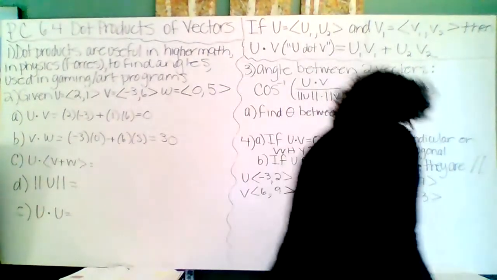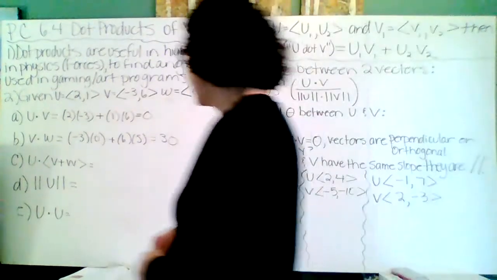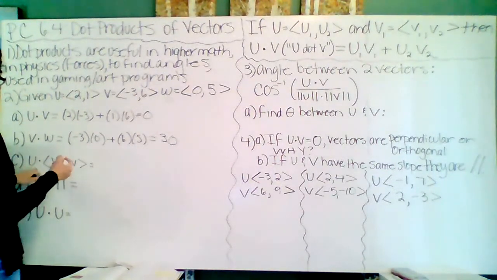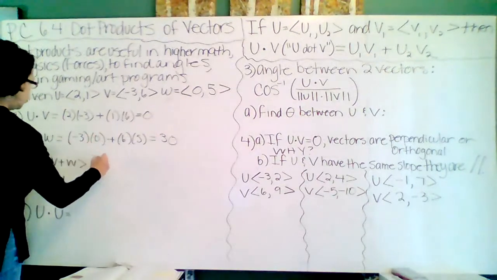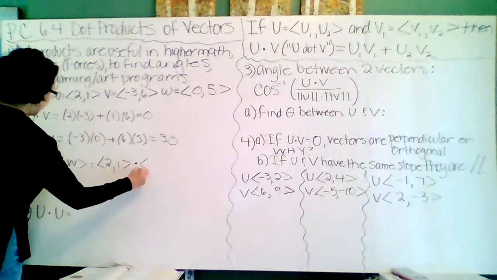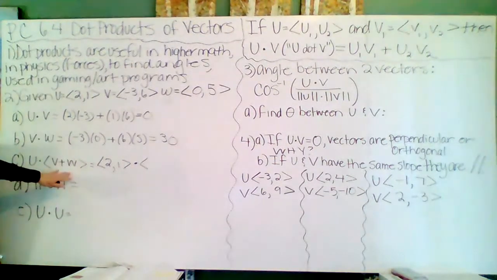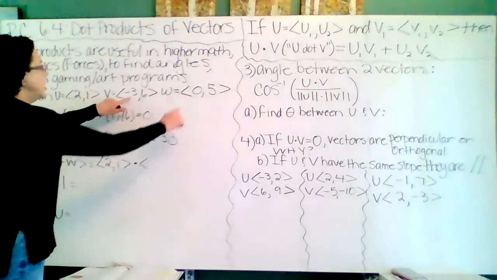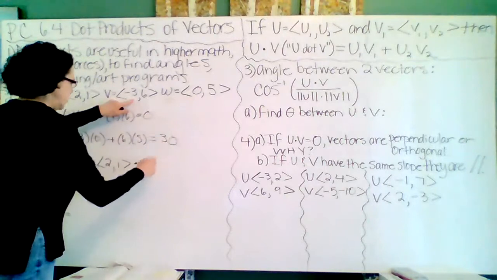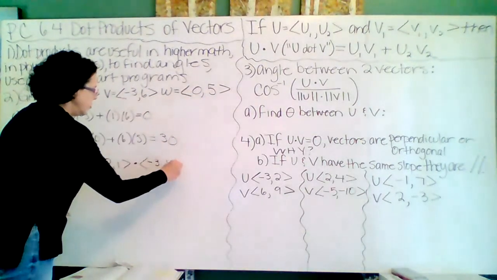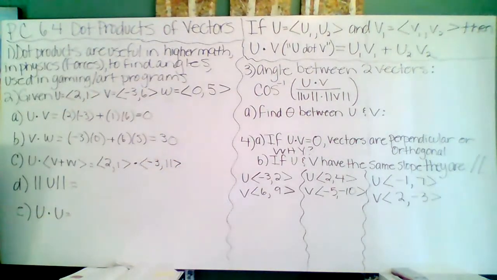Let's do a little bit more calculation. How about u dot (v plus w)? Let's first write u, which is 2, 1, dot, and then I'm just going to do v plus w, and then we'll do the dot product. So v plus w: negative 3 plus 0 is negative 3, and 6 plus 5 is 11. Super easy to add vectors.